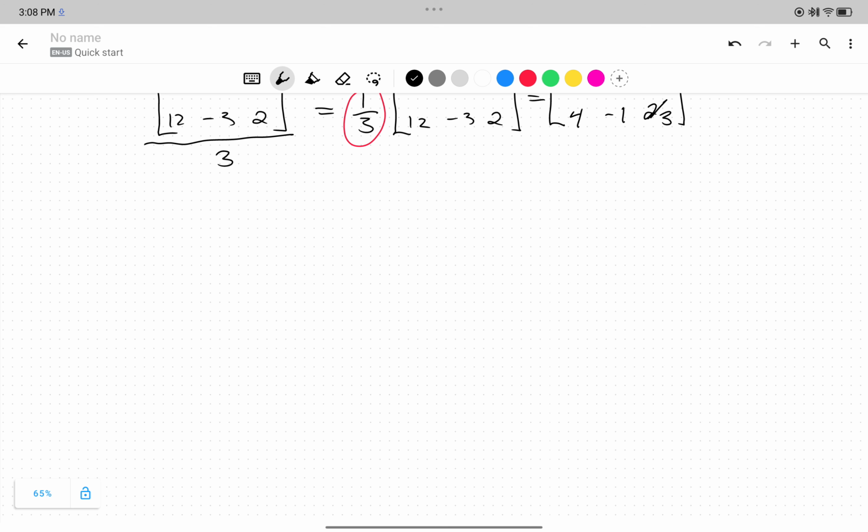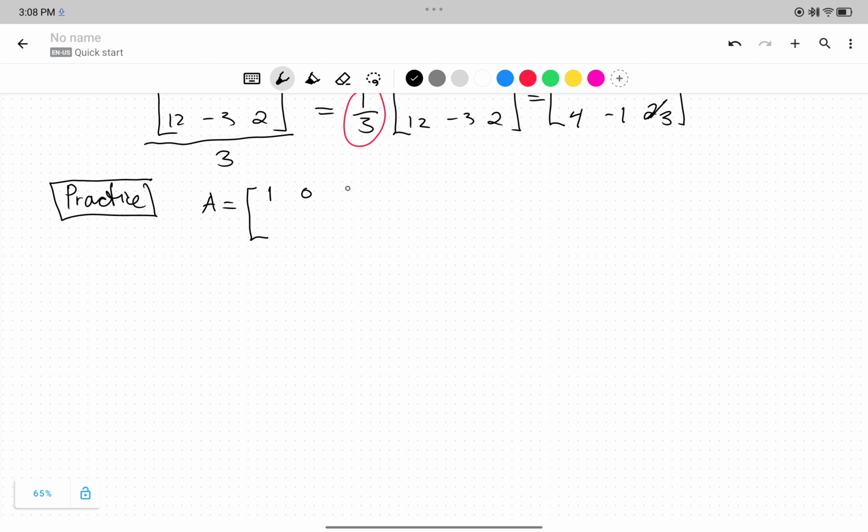Okay, so now that we have all the definitions in place, now we can do a little bit of a practice problem. All right, A. So in this example, they're going to give you A separately and B separately, and then we have to do the operation that they're asking.